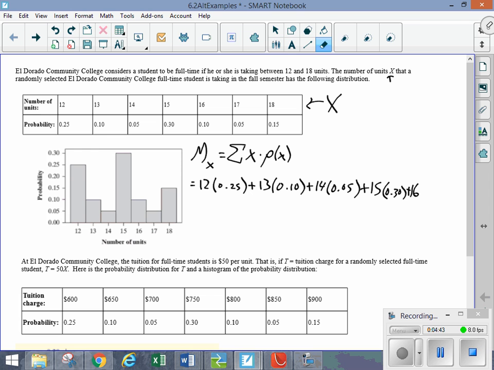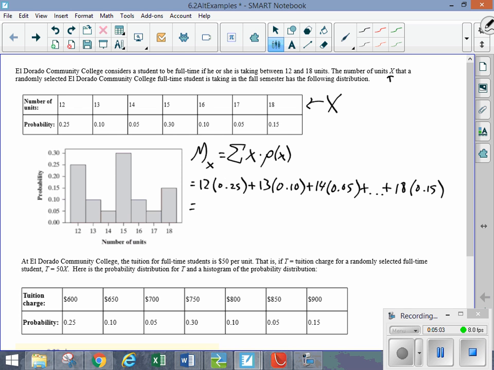You know what I'm going to do? There we go, all to 18 times 0.015.